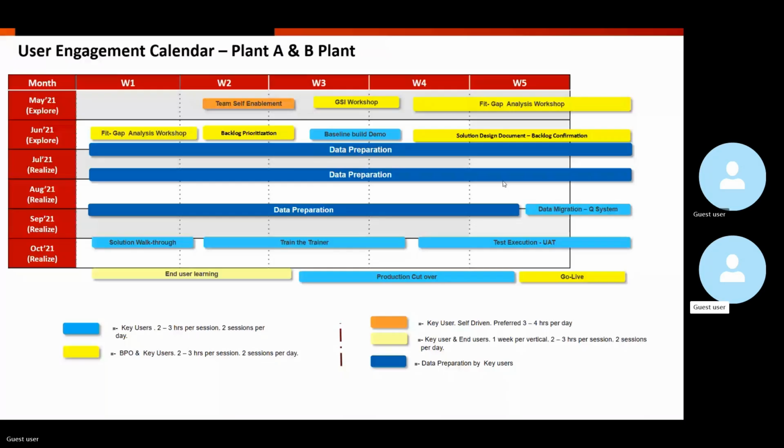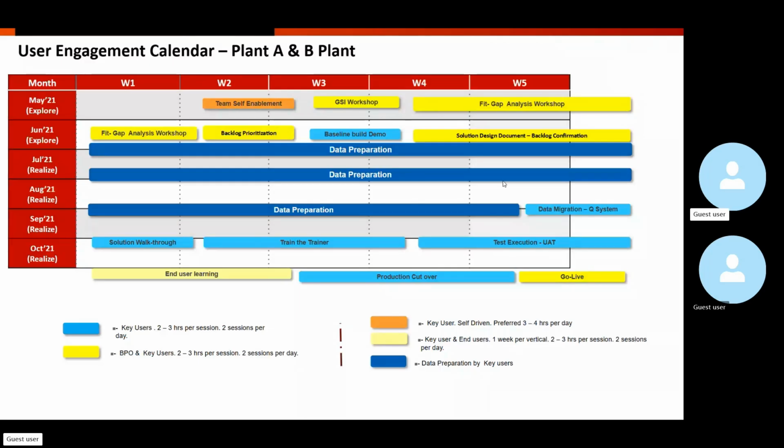Correct? So you complete the GSI confirmation workshop first, which is for the consultants to discuss, ask questions, and identify which processes are there for L1, L2, L3, L4. Second, you do the data validation workshop, and the consultants will download the templates, identify which objects are migrated into the system, then how to fill the data and prepare a strategy. This is the output of data migration: the data migration plan and approach strategy.